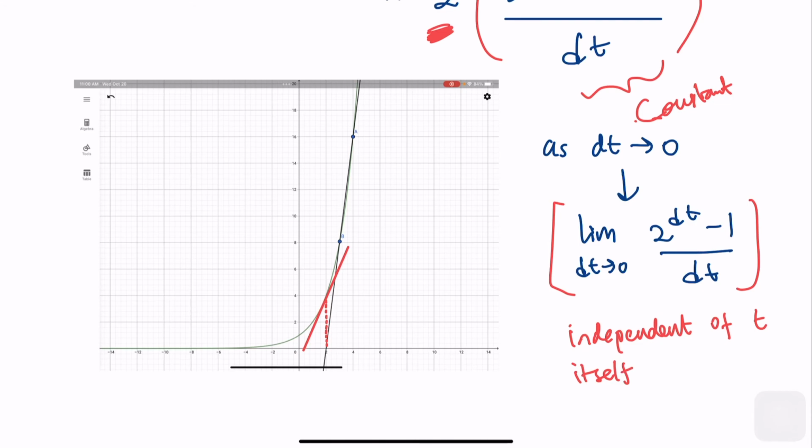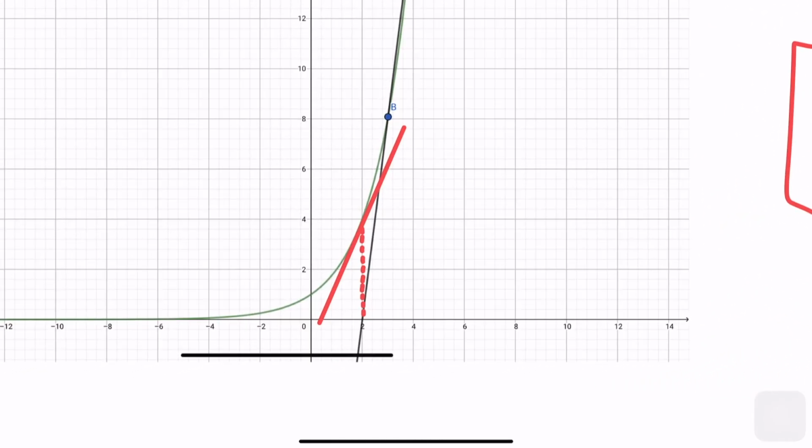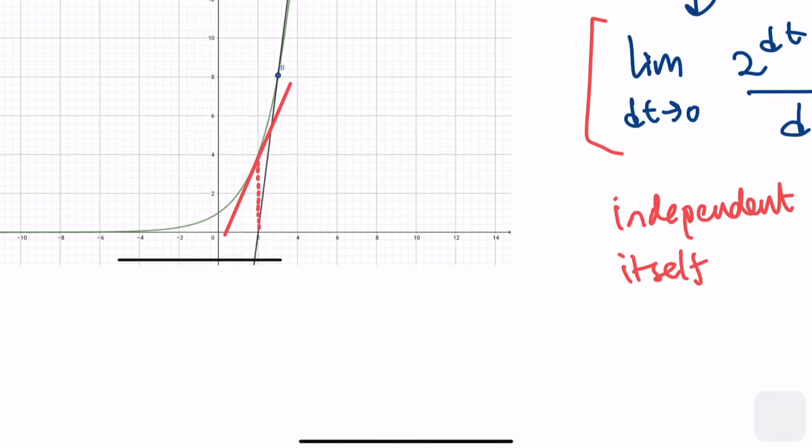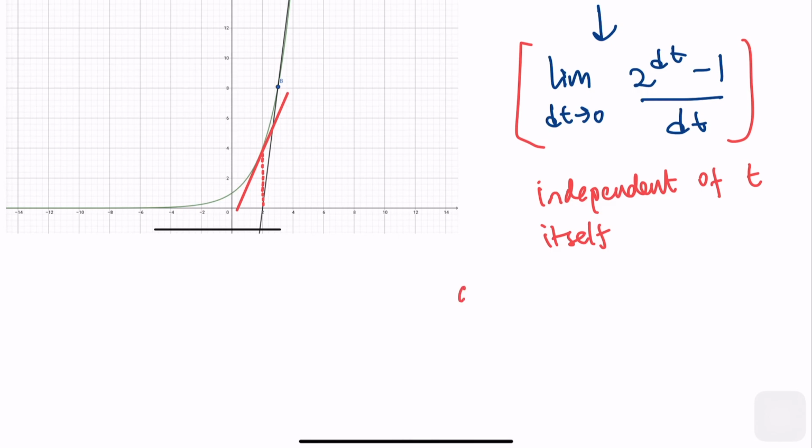That means when you change the tangent, all tangents will have the same proportion.